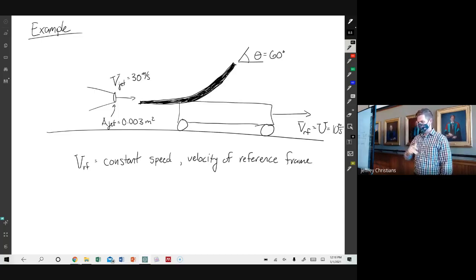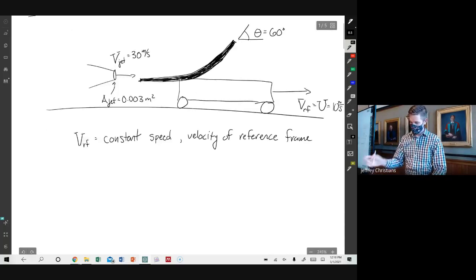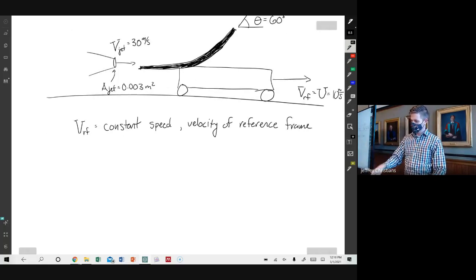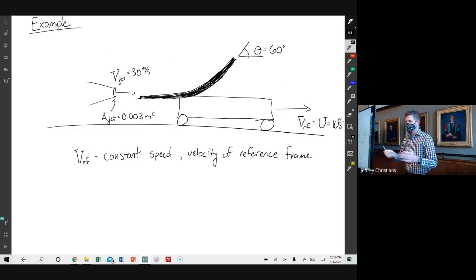Some of the actual tracking here is a little bit challenging. But one of the cool things is that in this system we now have things that are not stationary. We have a cart that's moving, we have water that's moving. How can we deal with moving things?